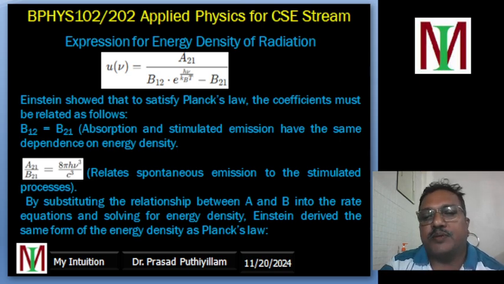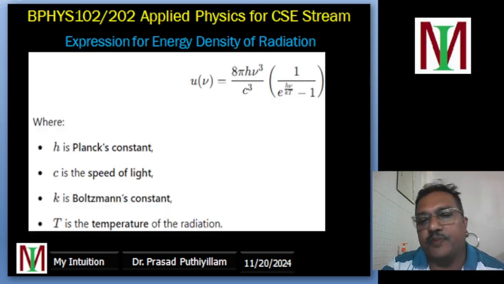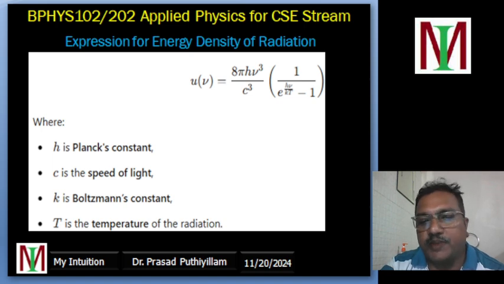So by substituting this relationship between Einstein's coefficients A and B into the rate equations and solving for the energy density, Einstein derived the same form of energy density as Planck's law. That is given here, where h is Planck's constant, c is the speed of light, k is Boltzmann's constant, and T is the temperature of radiation.